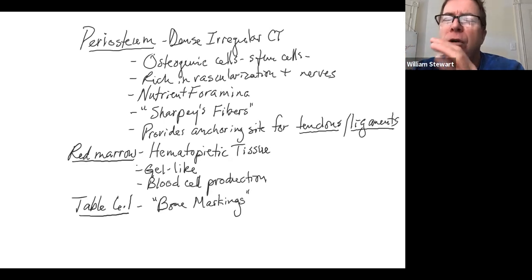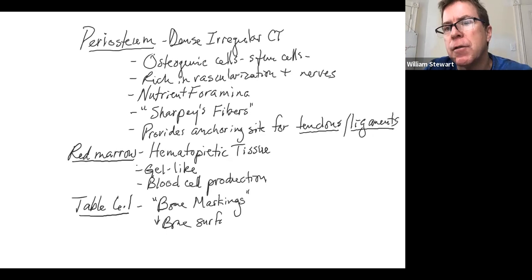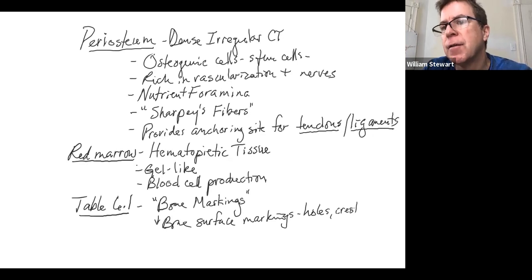So all of these names have meanings. I'm going to write bone surface markings. Some examples are things like holes, crests, protrusions. All of those bumps and indentations have names.